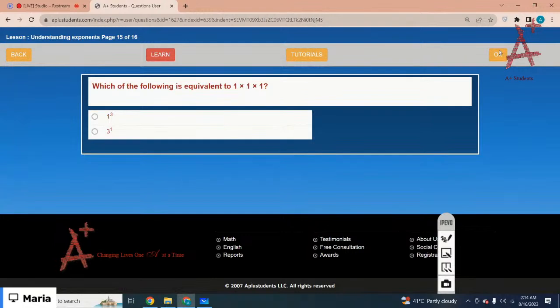Which of the following is equivalent to 1 times 1 times 1? It would be 1 exponent 3, right? Because 1 is multiplied 3 times, so it would be 1 exponent 3.